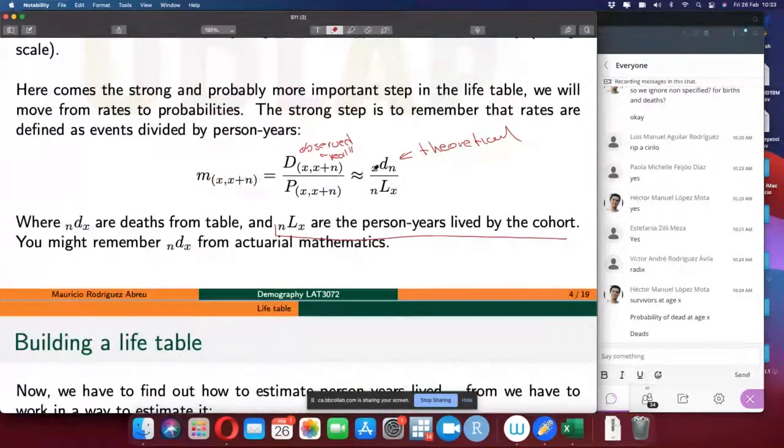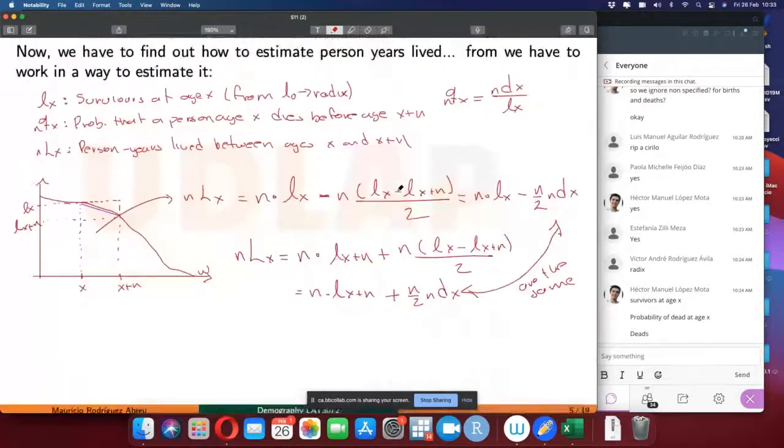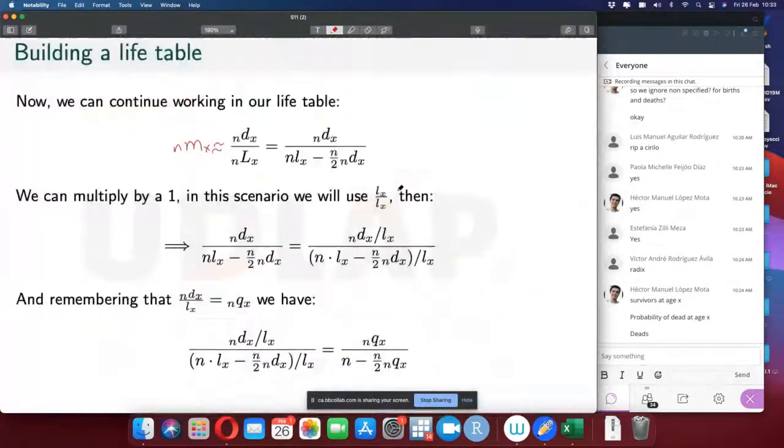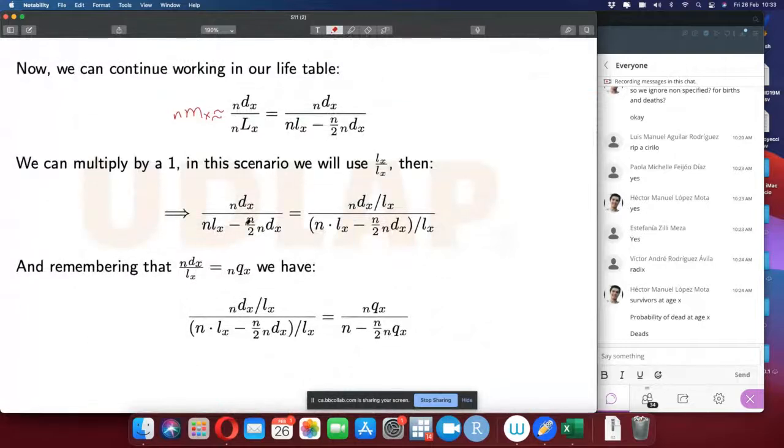Yes, this is n, and this is x. Sorry. So I'm going to use the first one, but I could use the second one, but it's just more algebra to find this expression for the age-specific death rates.